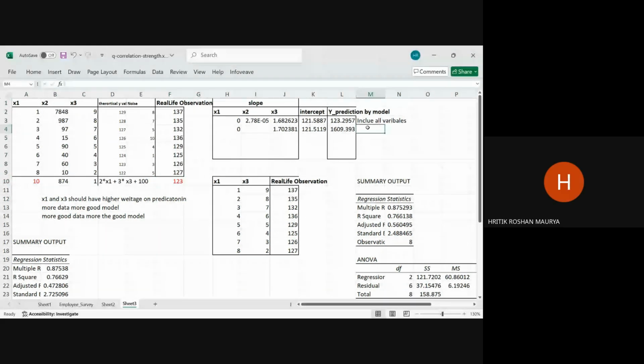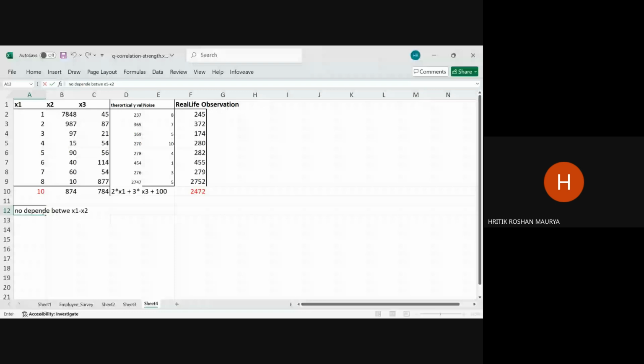So here the variables are not independent, and you can see the regression output is very bad, right? So this is the one thing that you can conclude from this.